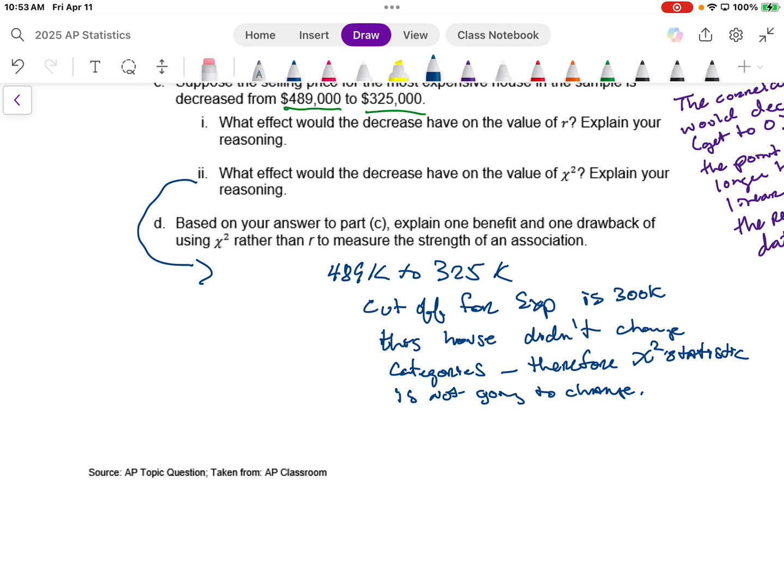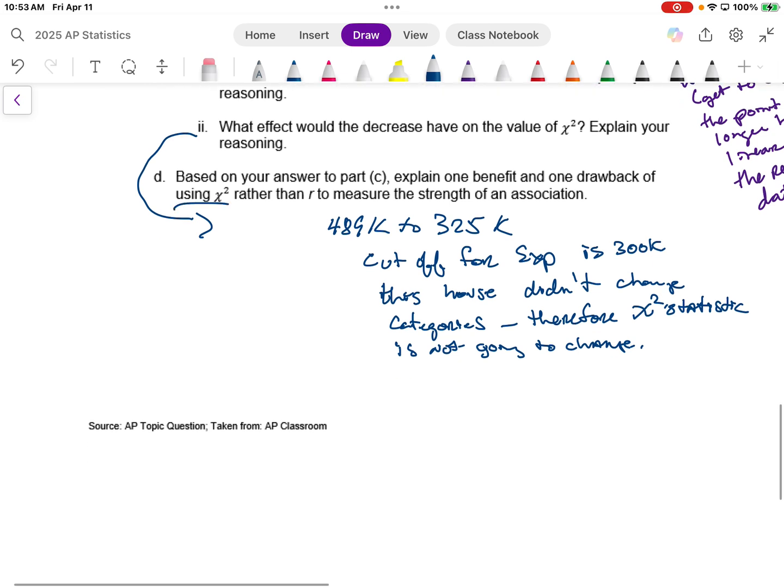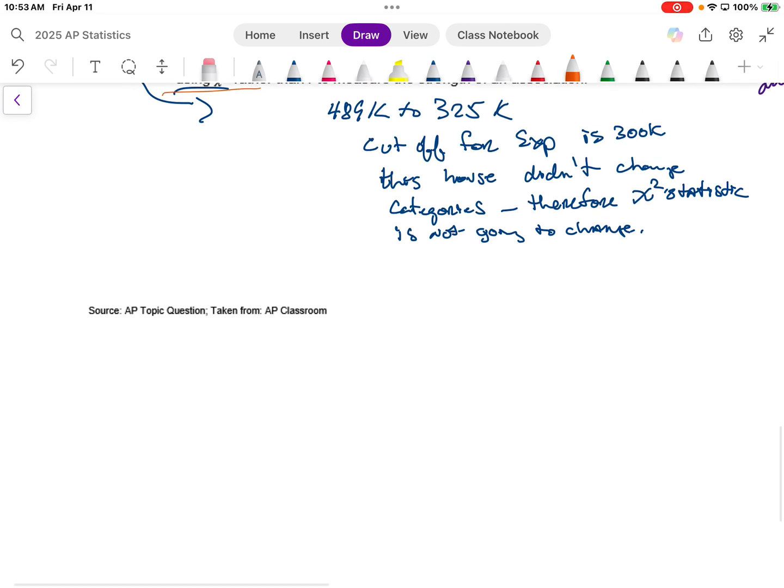All right. Part D, based on your answer to Part C, explain one benefit and one drawback of using the chi-squared. What's one benefit and one drawback? Well, here's a benefit.